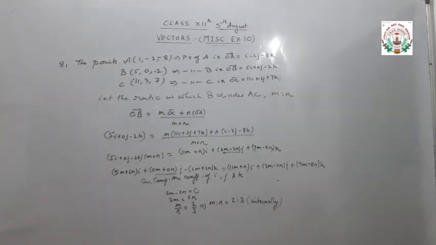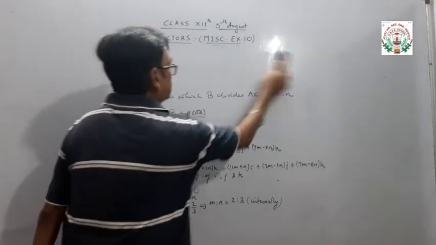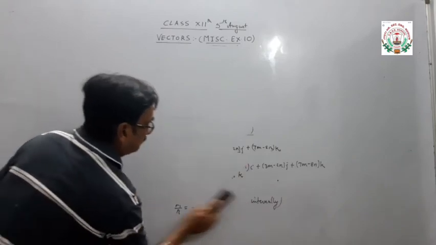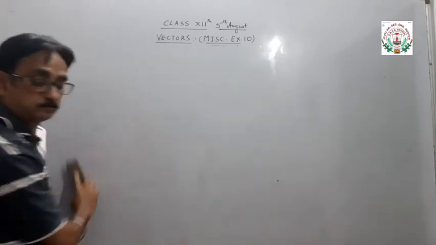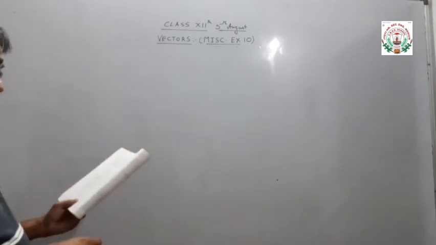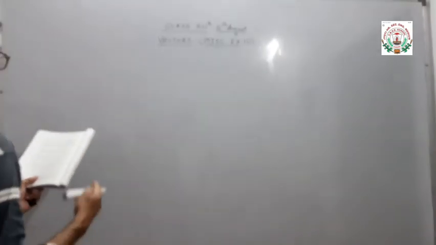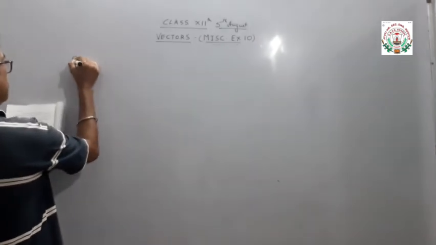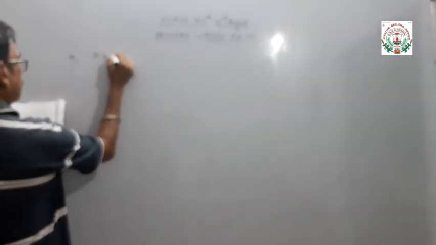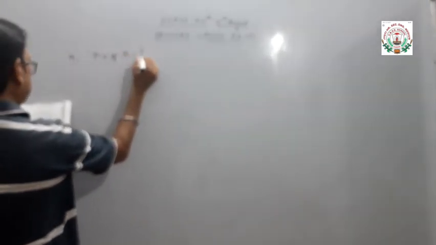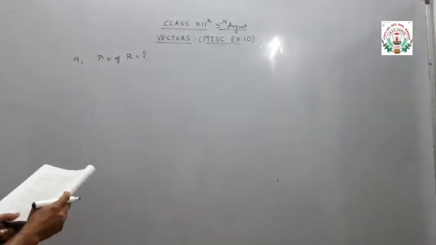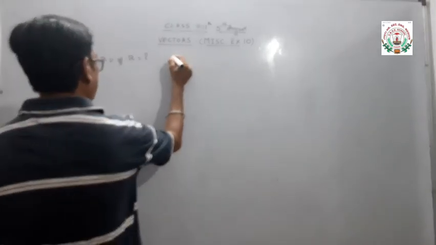Now let's move to question number 9. Find the position vector of R. तो position vector of R हमें निकालना है. Divides the join of 2 points.